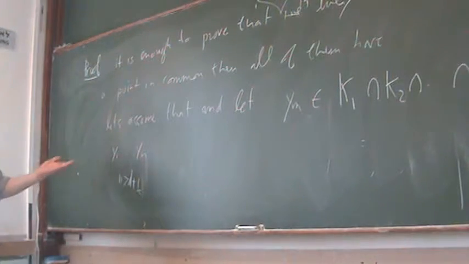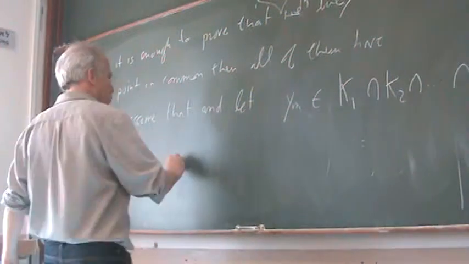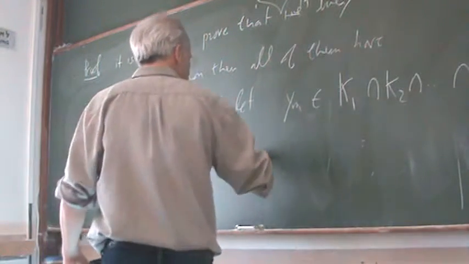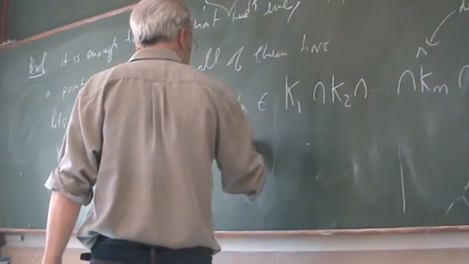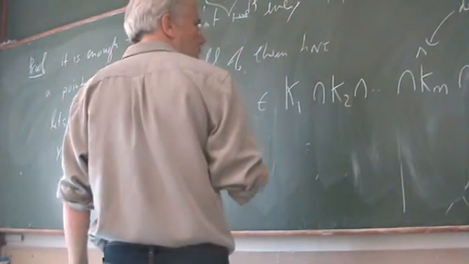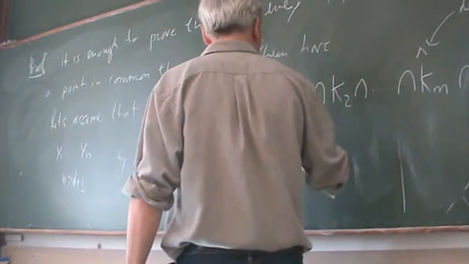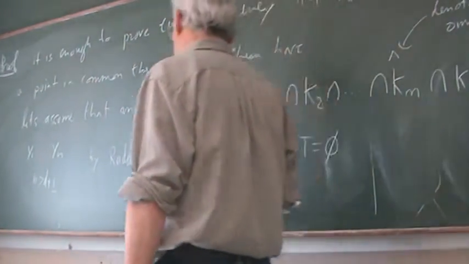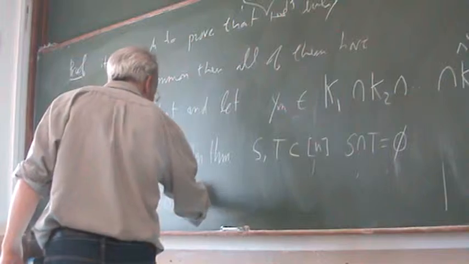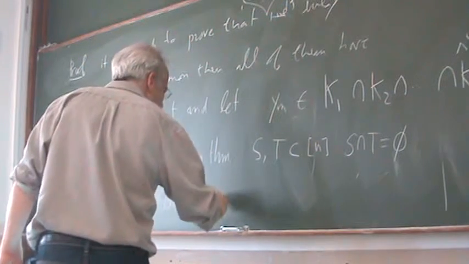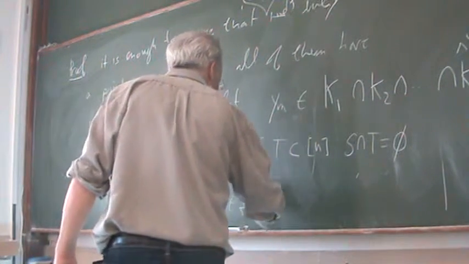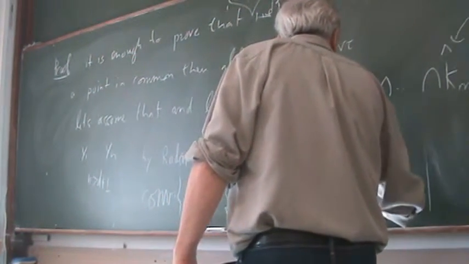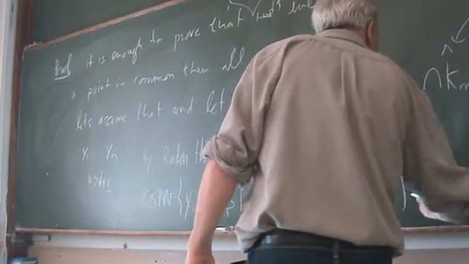So therefore, by Radon's theorem, we can find S and T in 1 up to n, so that S intersect T is empty, and the convex hull of yi, i belonging to S, intersect the convex hull of yi, i belonging to T, is not empty.